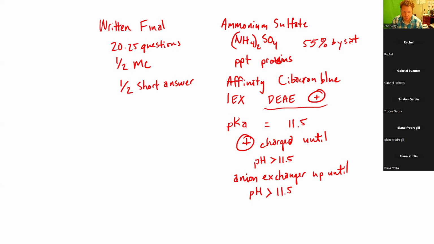I would definitely read through my old procedures and the background information. That's where I like to get a lot of questions from. So like Good's buffers, for instance, I love to ask the question, what are the criteria that make a Good's buffer?